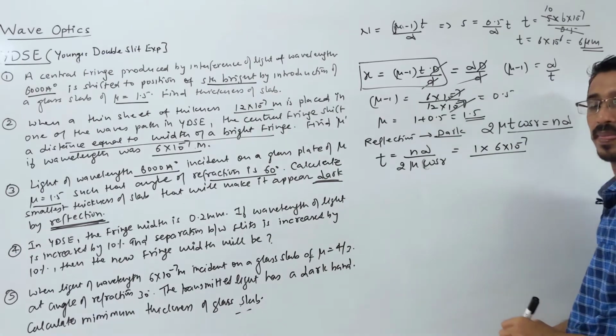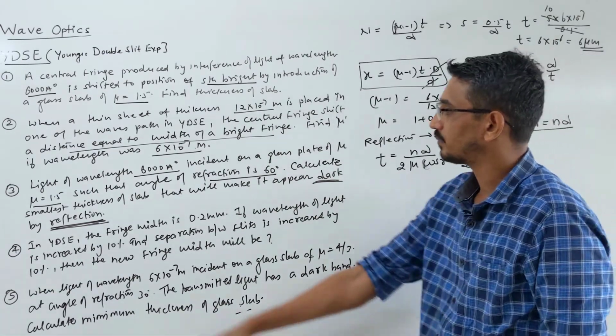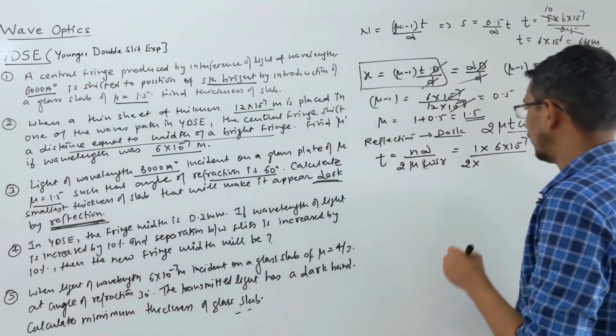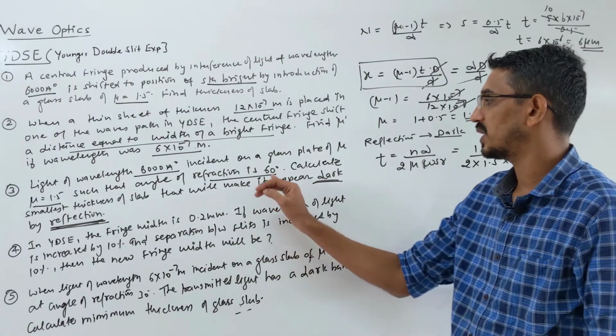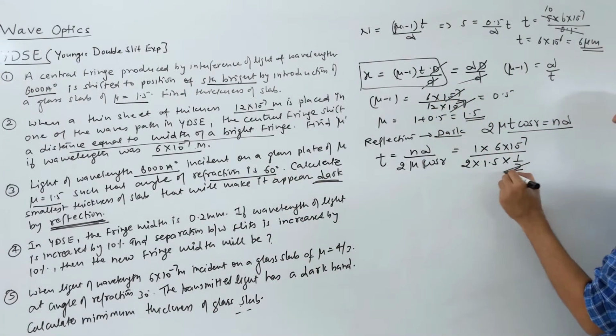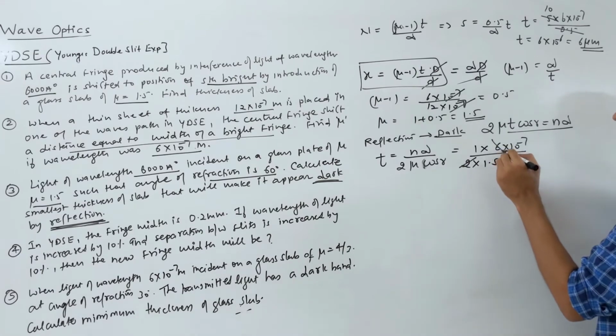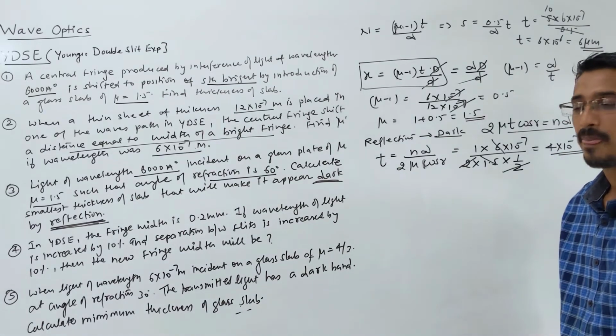Refractive index is 1.5, and the angle of refraction is 60 degree. Cos 60 is 1 by 2, so this term gets cancelled. 6 by 1.5 is 4 into 10 power minus 7 meter. That's your answer. Correct?